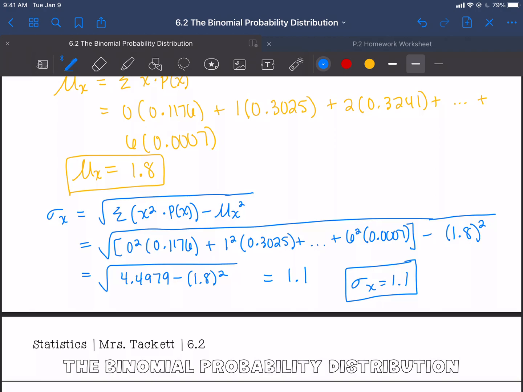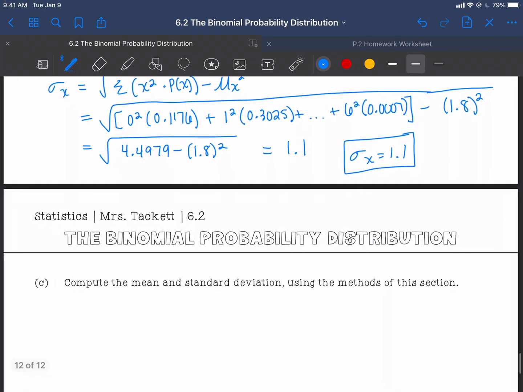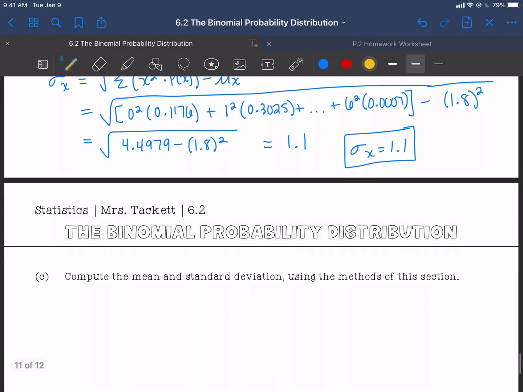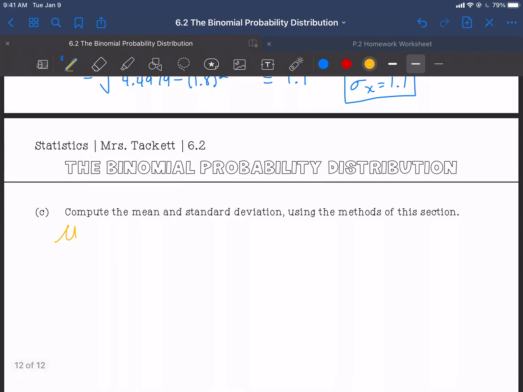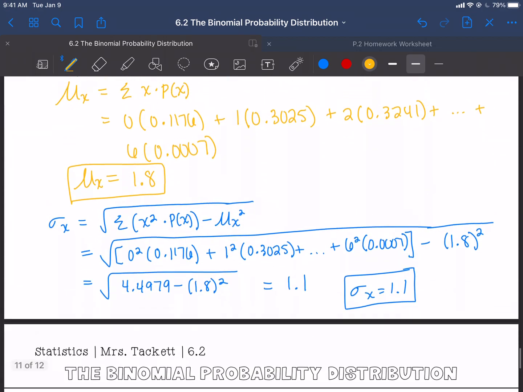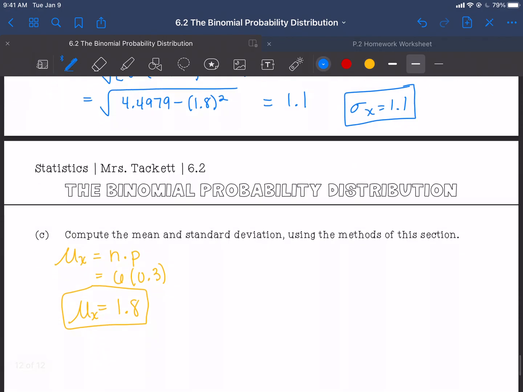Okay, so now part C says compute the mean and standard deviation using the methods of this section. So the mean for a binomial is n times p, which would be 6 times 0.3, which is equal to 1.8. Comparing, same exact thing we got above.